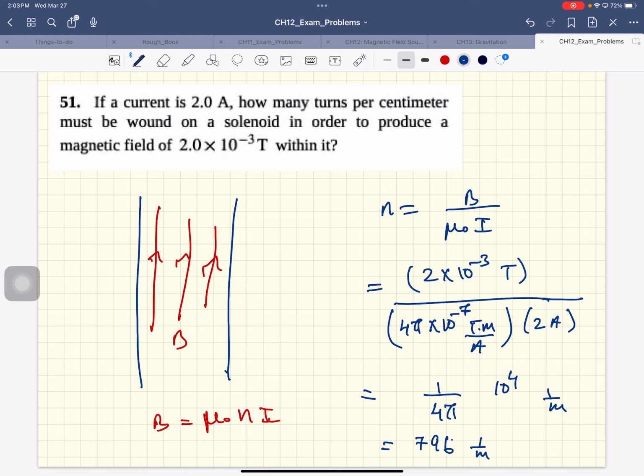And if you want to convert that to centimeters, 1 meter is 100 centimeters, so you divide this by 100. And so that is 7.96 turns per centimeter, okay? Or 8 turns per centimeter. A centimeter is that much, and you have 8 turns of wire in that centimeter.